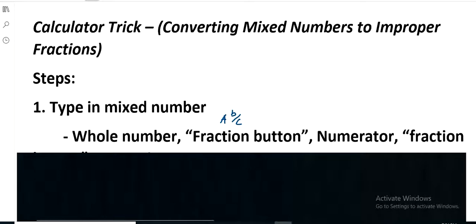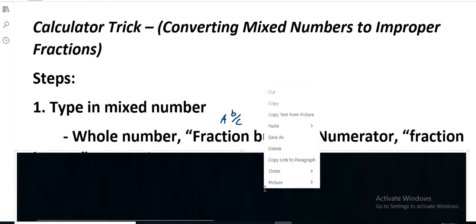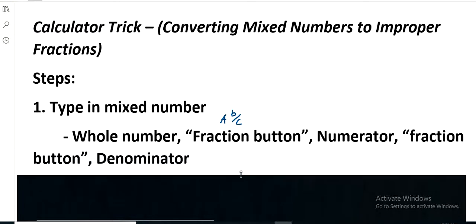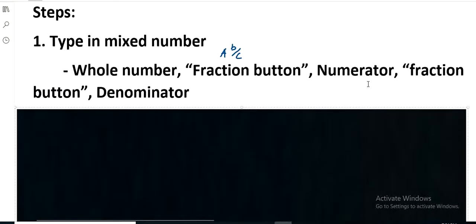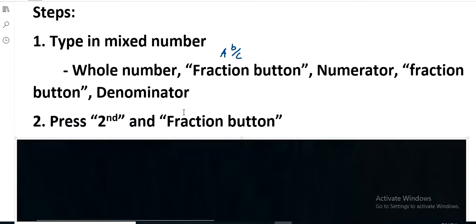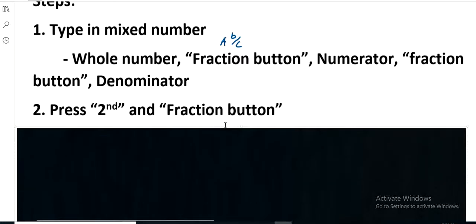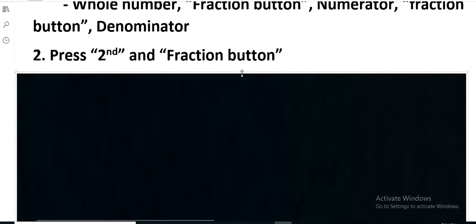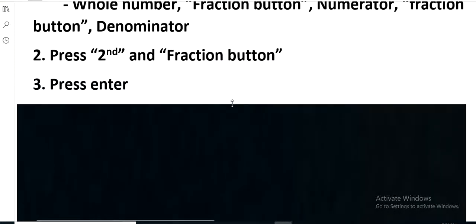After your fraction button, you just type in the numerator, which is the top number, press the fraction button again, and then type in your denominator. Press second, then press the fraction button again, and press enter.